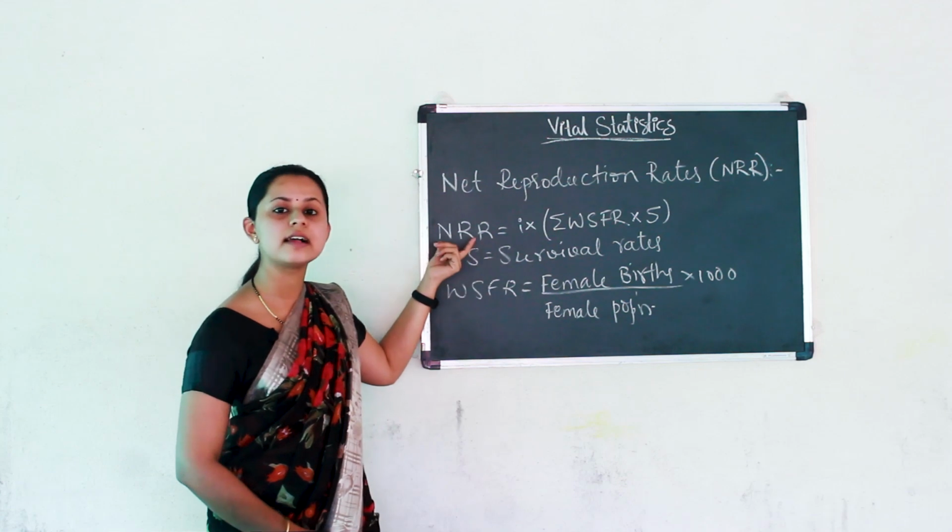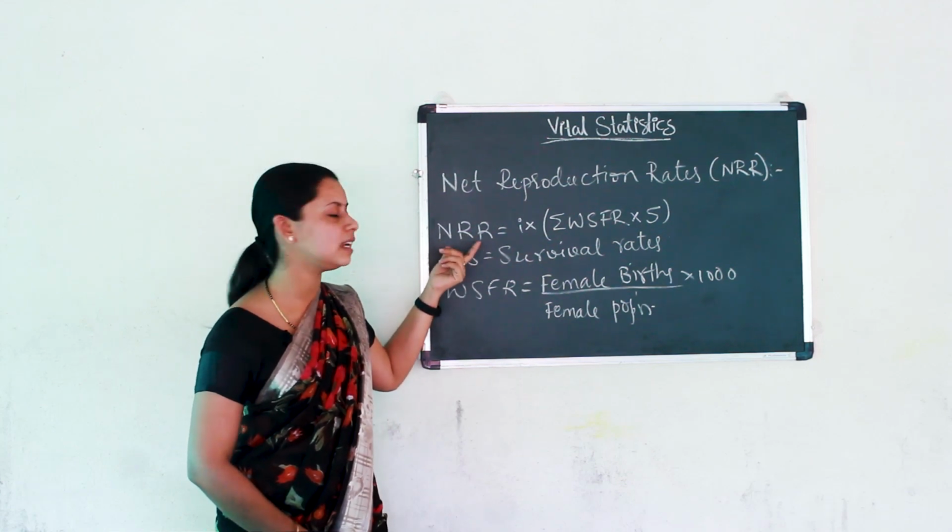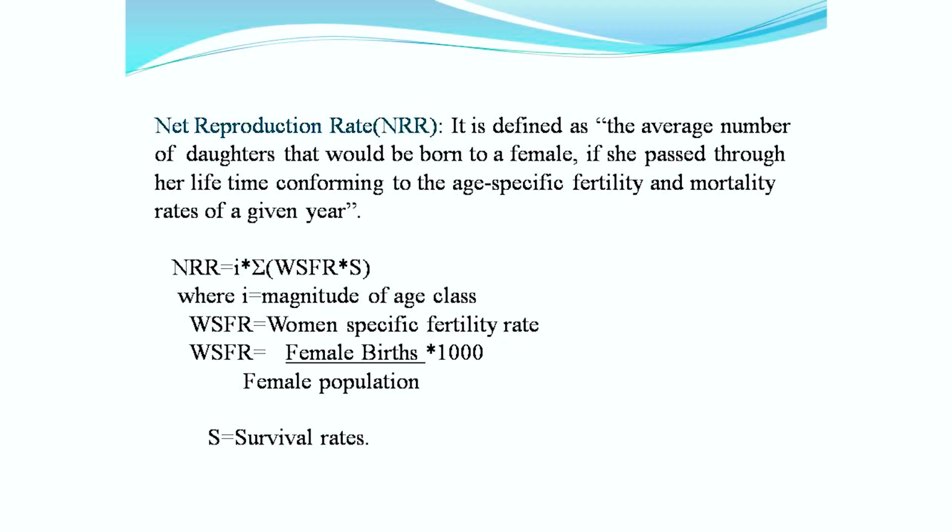Later you will get the answer for the net reproduction rate, that is NRR. Here the net reproduction rate cannot exceed GRR, because in its calculation we take into account the mortality rates. Both the rates will be equal when all newly born daughters reach the childbearing age and pass through it.